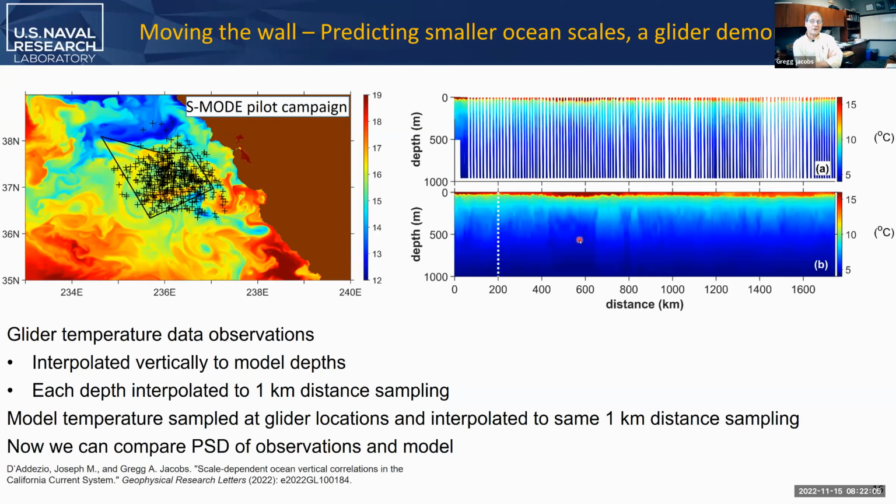So we're going to look real quick at the S-MODE pilot campaign from last October. The first operational deployment just finished up, so this was a year ago. What we're going to look at are 9 ocean gliders that were deployed during that experiment. On the left, there's a little plus sign at the glider location near 0 GMT every day for every glider.